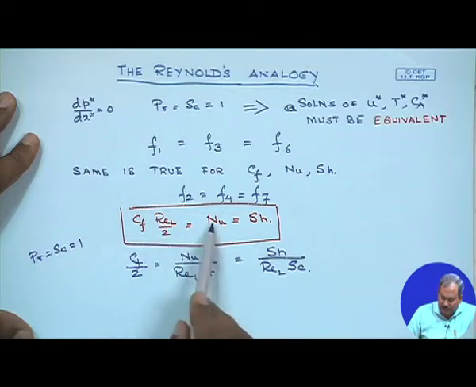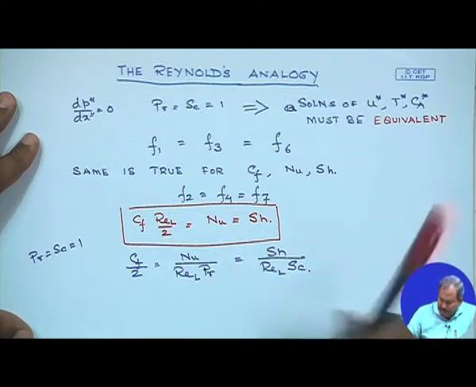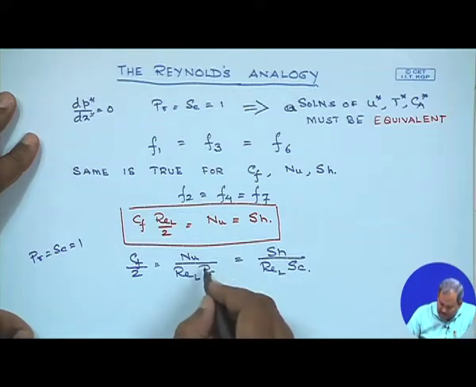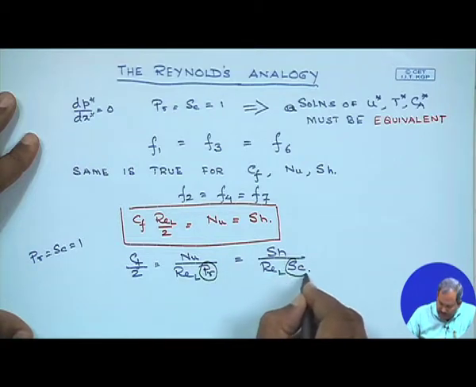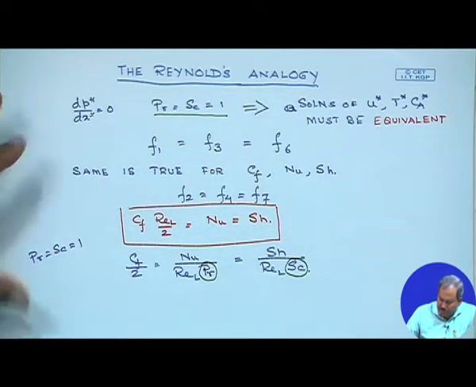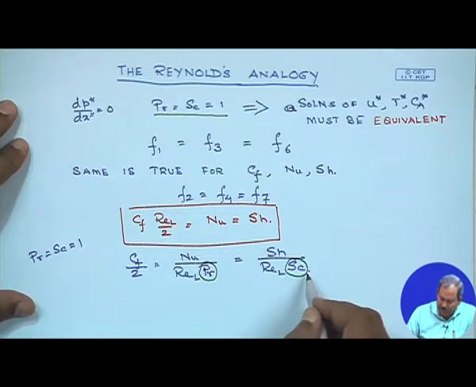So, initially from here what you get is Cf by 2 equals Nu by REL and Sherwood by REL, but you just bring in these additional numbers, knowing fully well that in order to have Reynolds analogy, I have assumed Prandtl is equal to Schmidt number and its numerical value is equal to 1.